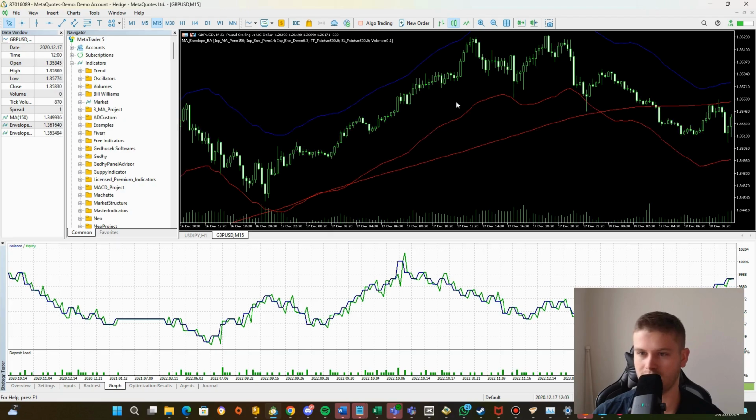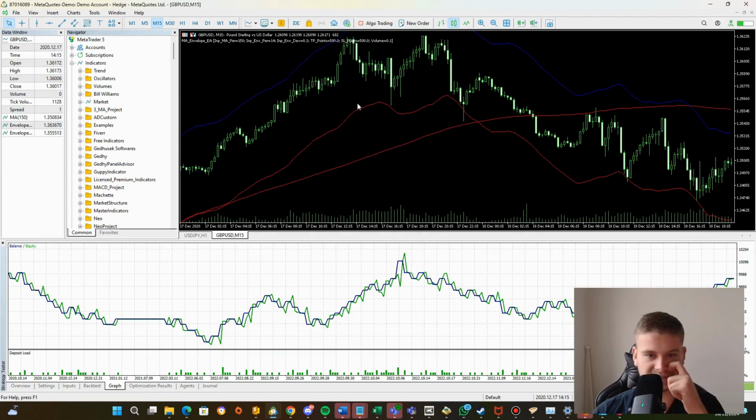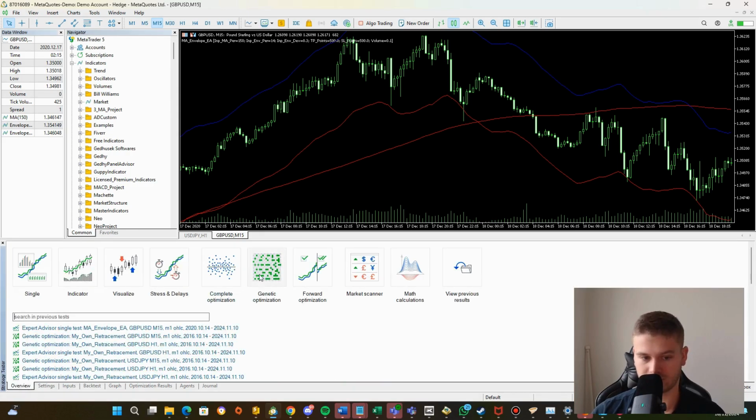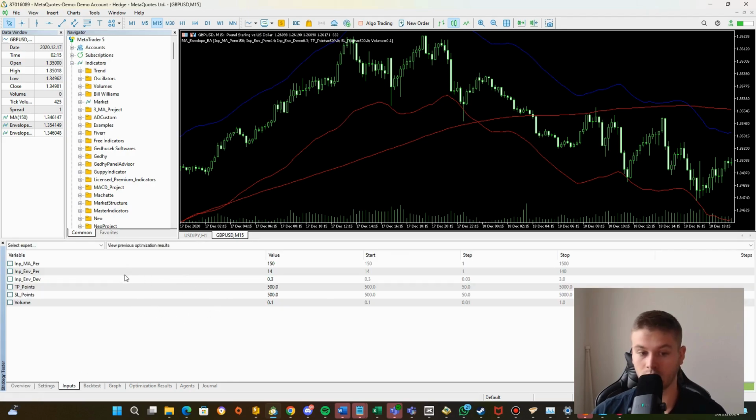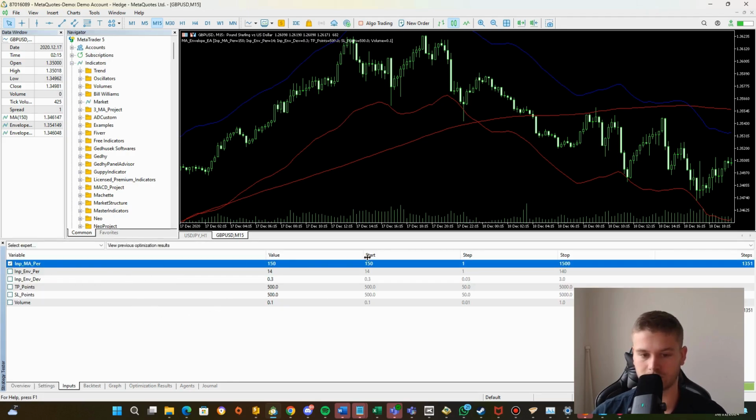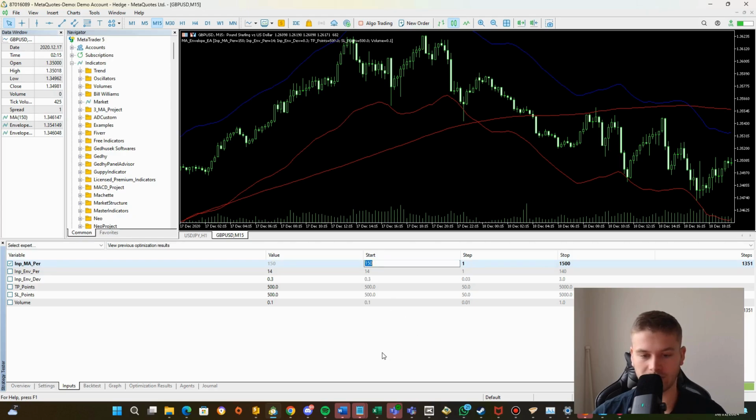So what do you think? Should I implement this here, or is this retracement concept enough? Let me optimize the retracement first of all. Okay, so we can do a lot of things here. So first of all, I will optimize the period of the trend moving average.